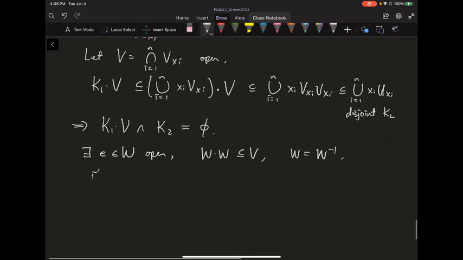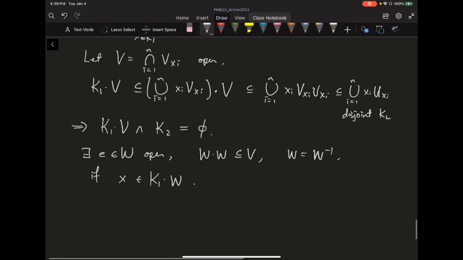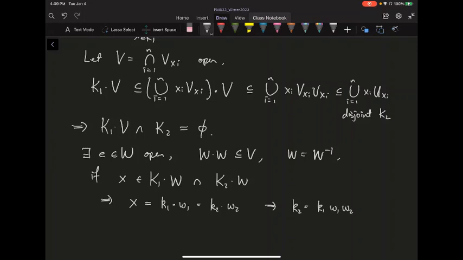So if you have some x inside K1 times W, or W inverse, it doesn't really matter, they're symmetric, and it intersects K2 times W, then x is equal to some little k1 times w1 equals little k2 times w2. But that will imply k2 is equal to k1 w1, and you move the w2 to the other side by taking an inverse.